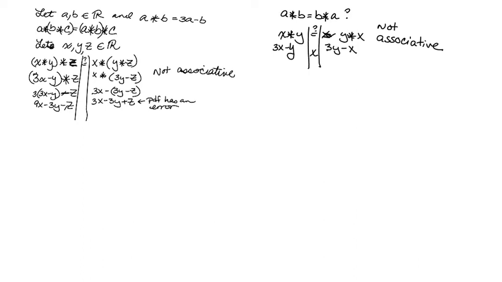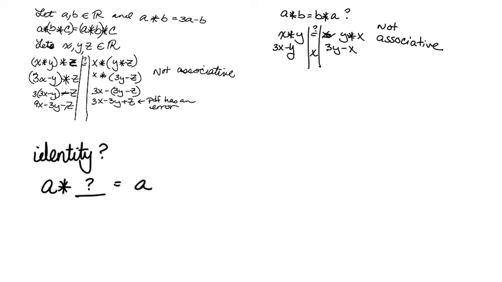Okay, so let's see if there is an identity. So an identity would mean if I have A star something, will I always get the A back?